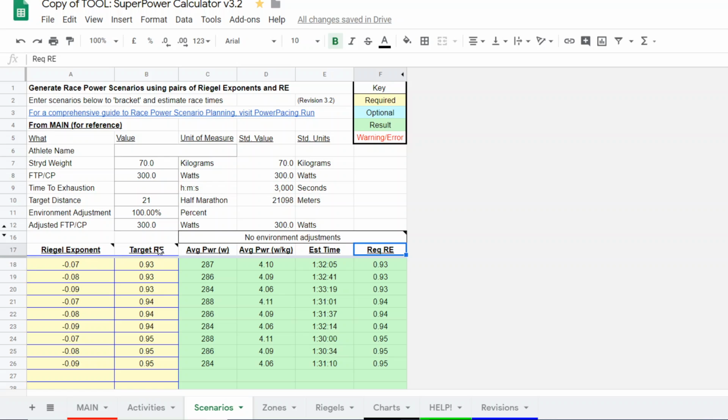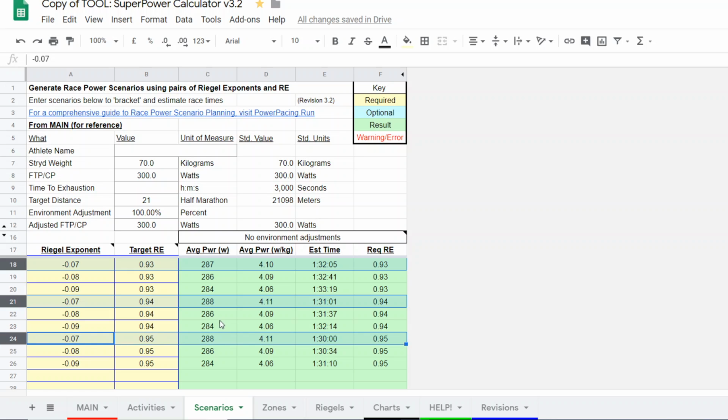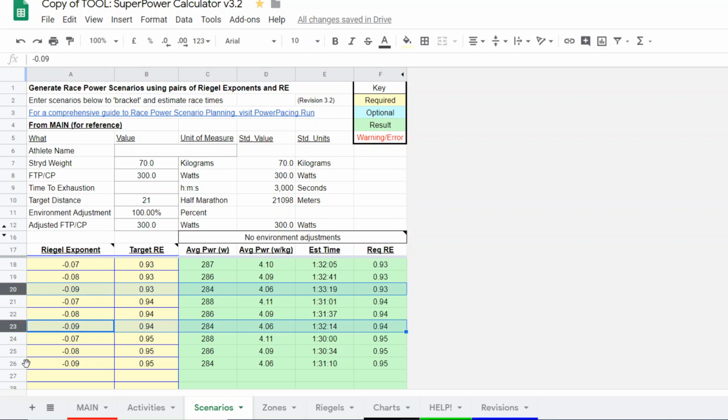Now, if we want to look at the effect of running effectiveness, let's look at 3 identical Riegel exponents. And you can see it's only a 1 watt spread. Or let's go to this particular Riegel exponent. Same 3 different running effectiveness.